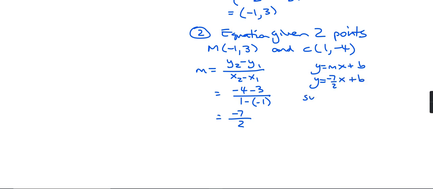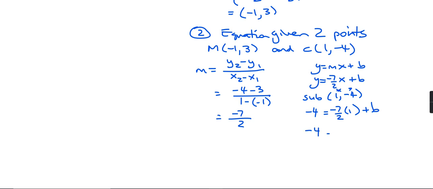To figure out this missing b, I need to sub in one of the points. So let's take this one, and this is the x and y of that point. Since that point is sitting on the line, it's going to make the equation true. If I replace the x and the y with those numbers, that equation will continue to be true, so I will be able to write an equation that has nothing but b and numbers.